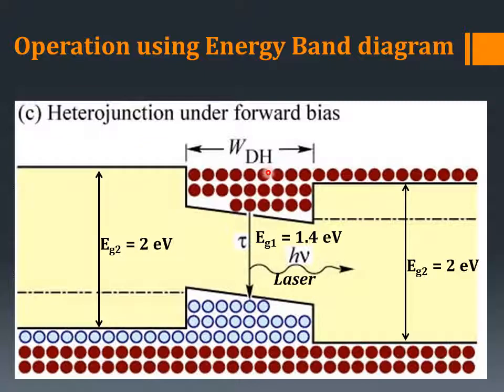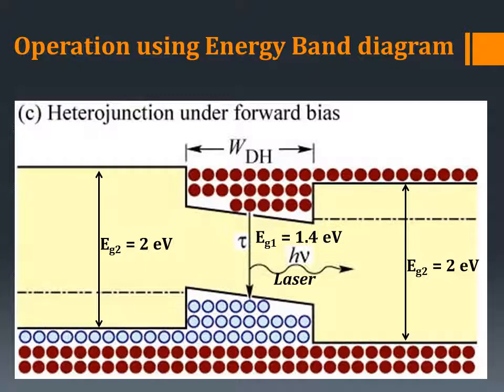At this state, some of the injected charge carriers recombine and produce spontaneously emitted photons. These spontaneously emitted photons stimulate the injected charge carriers to emit more photons. As a result, a large number of stimulated emissions arise and a large number of coherent photons are produced.